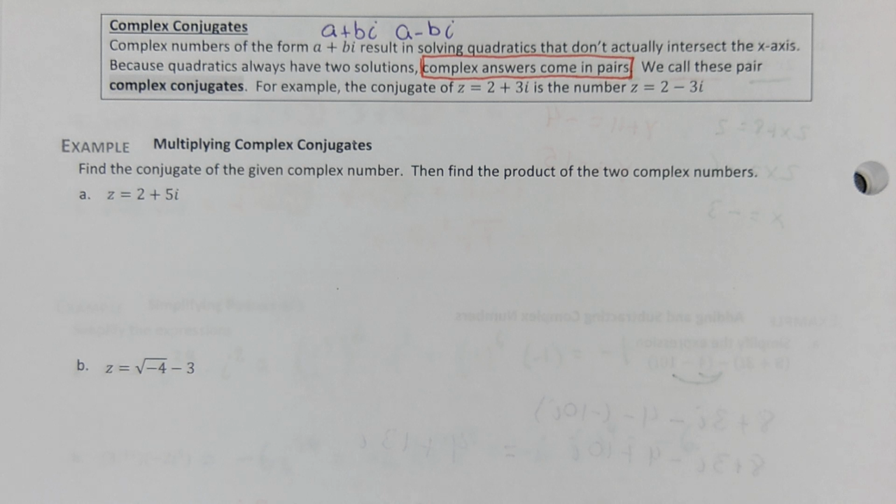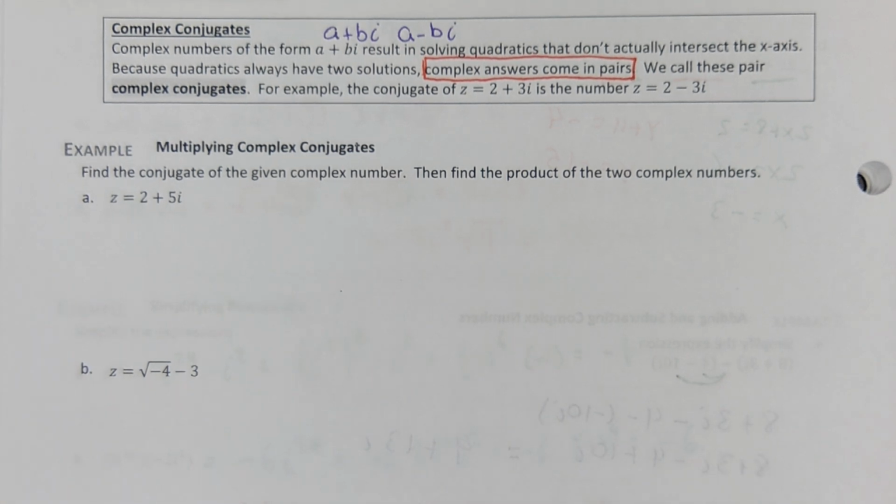But if your answers have i in them, that means they don't exist on the x-axis. So it doesn't really make sense to say x equals that complex number. Z, lowercase z, is the letter that mathematicians chose to use to represent complex answers. That's all that means. Don't worry, it won't affect you in any way except for know that anytime I'm going to write answer equals and the answer is complex, I'm going to write z equals instead of x equals. Because that's what mathematicians use. They use z.